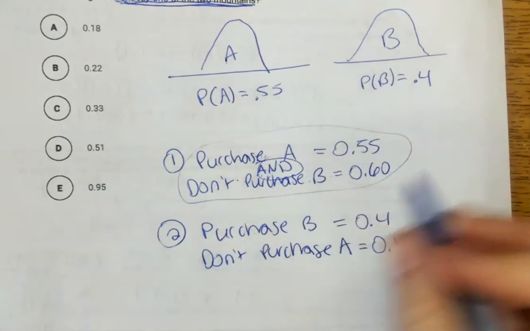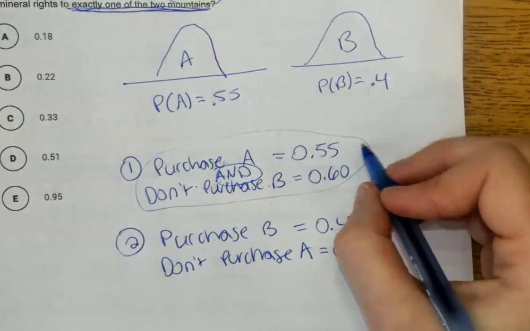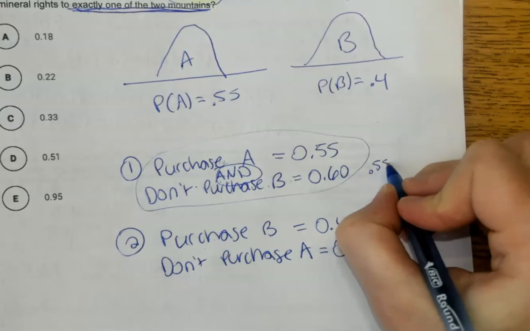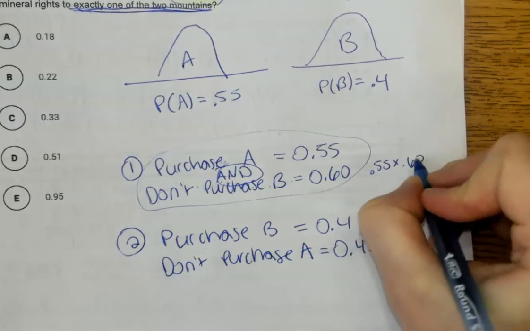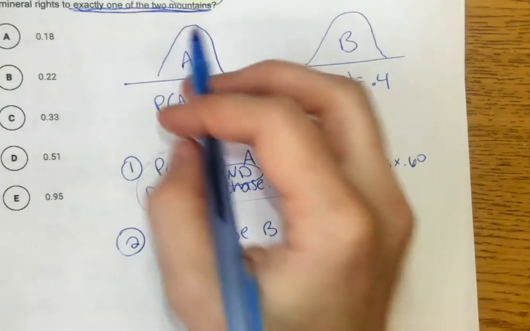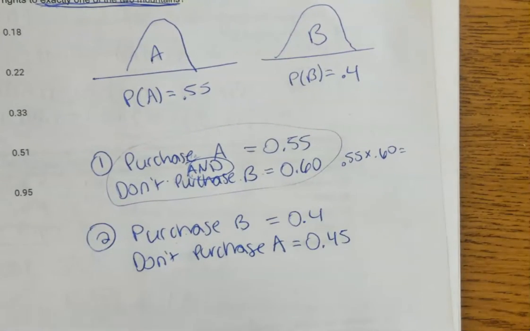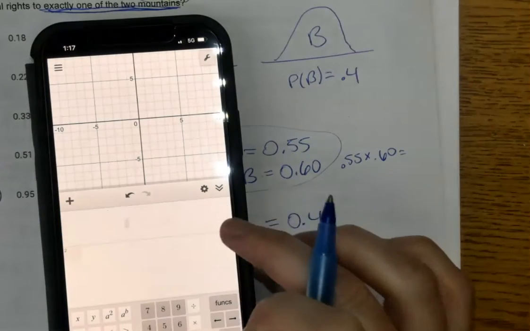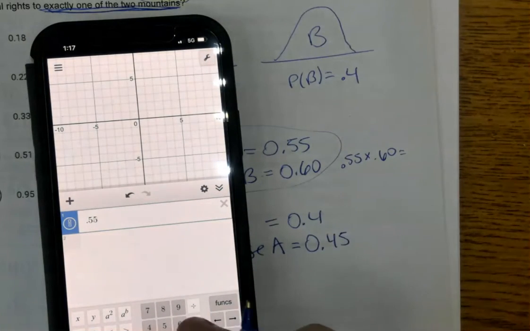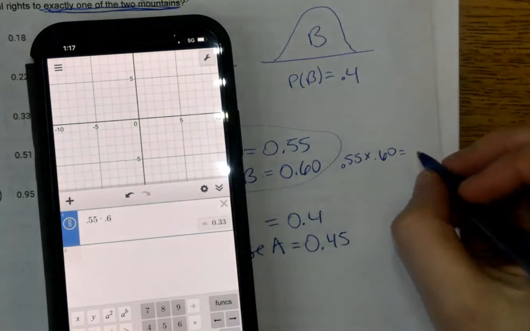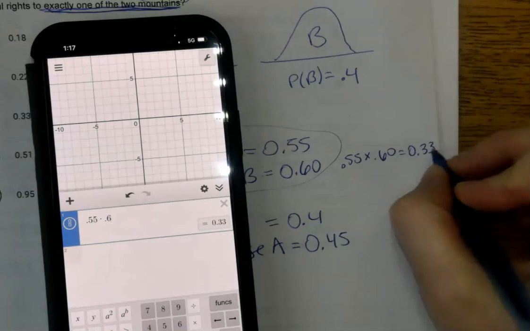I hope you said and, which means we're going to multiply these two. And is multiplication. And I can just multiply them straight away like this because they've said they were independent. 0.55 times 0.6 gives me 0.33.